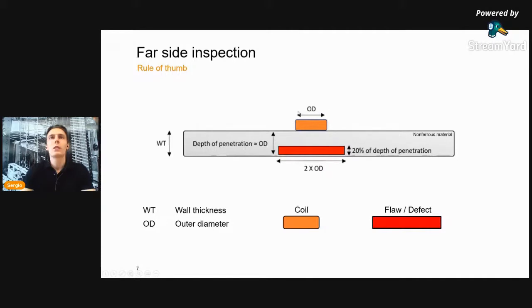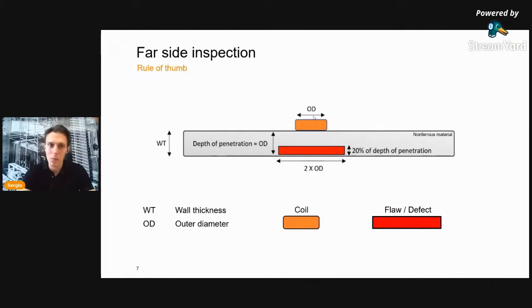Here's the coil illustrated, the coil OD. More or less the OD of the coil can be translated to the depth of penetration. That's a rule of thumb. It can vary, but it gives you a good idea: if I have a 5 millimeter coil, my depth of penetration will be roughly 5 millimeter, where I still have a good quality signal.